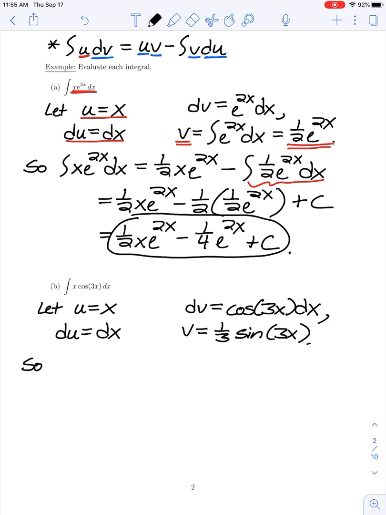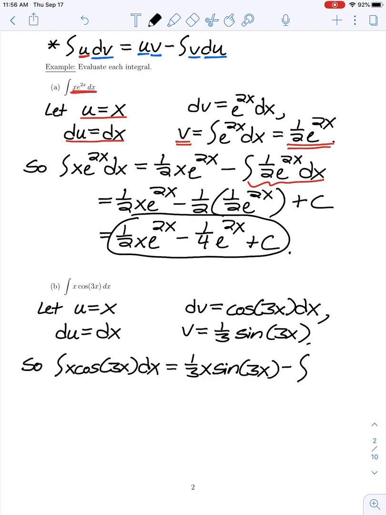So applying my integration by parts formula, the integral of x times cosine of 3x dx, which is what we were calling the integral of u dv, is equal to u times v, which would be 1/3 x times sine of 3x, minus the integral of v du.